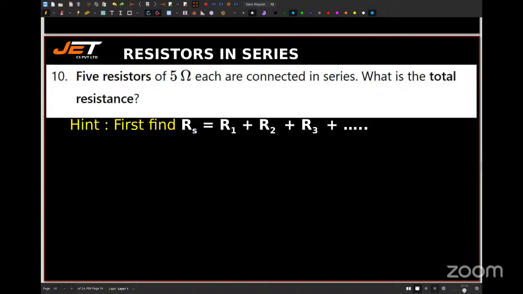Next, 5 resistors each of 5 ohms are connected in series, what is the total resistance? You should solve this question and tell me what is the answer. They said five resistors have the same value. So R1 equals R2 equals R3 equals R4 equals R5 equals 5 ohms. You need to find what is RS. Just tell me the answer.